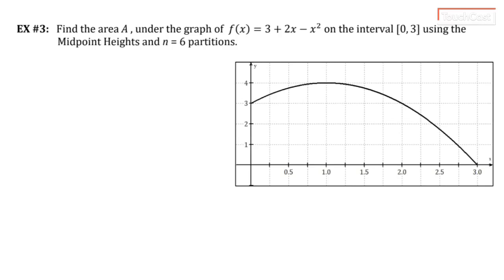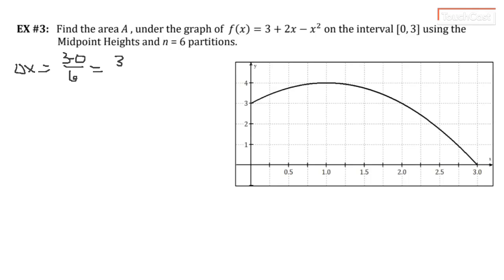So let's start by finding our delta x, the amount all of our values are going to go up by, the width, in a way, of our rectangles. So we're going to take 3 minus 0 and divide that by 6.